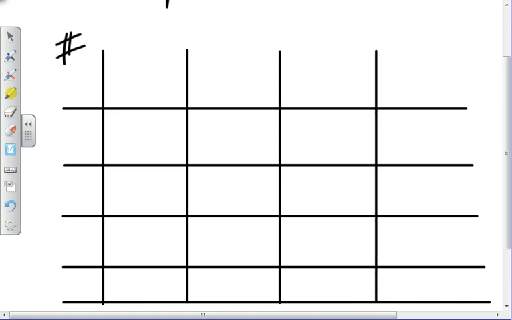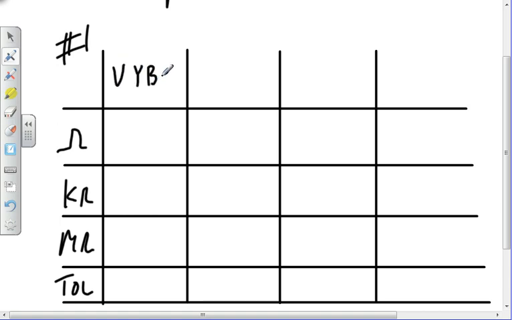All right, that should be plenty. And we're looking for ohms, kiloohms, megohms, tolerance. Okay, I think we'll do violet, yellow, black, gold. So gold gives us 5%. We'll write that down.